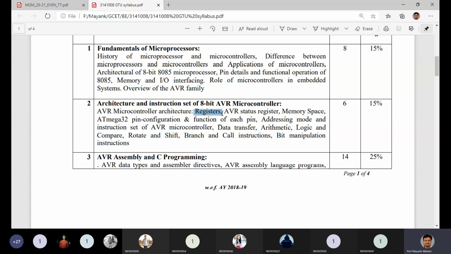So you will come to know that the AVR has 32 registers, where temporary data can be stored.